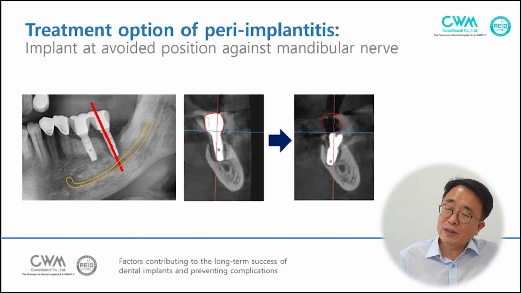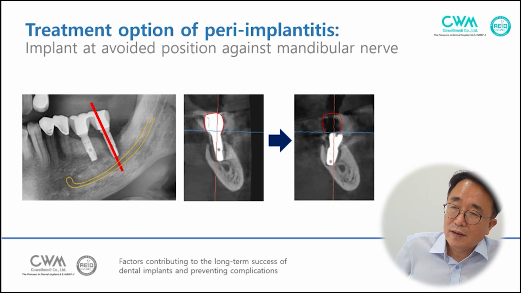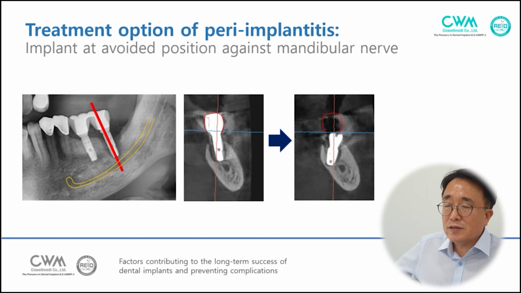Only 2 or 3 millimeters is drilled and fixed. The implant was fixed into the 2 or 3 millimeter drilled site. But the bone quality is dense. So the implant ISQ was over 40 Newton centimeter. So we can connect for early loading.